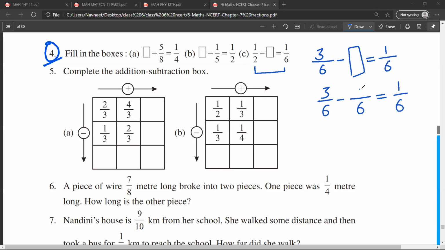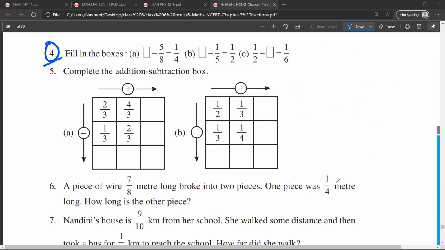And this something would be 2 by 6. So 2 by 6 would be the answer, but I can write 2 by 6 as 1 by 3 also. So this answer would be 1 by 3. Sarthak, is there a problem? No, sir.